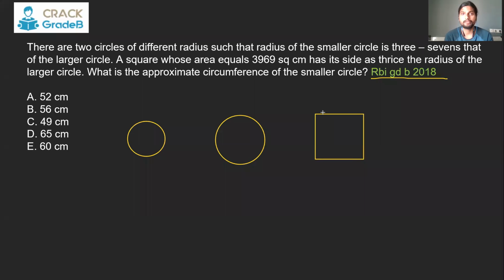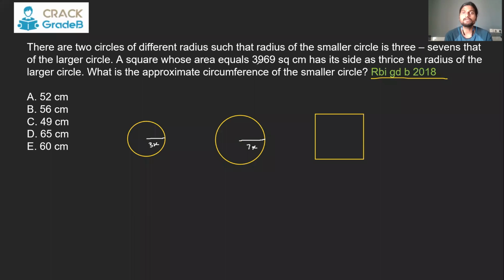Now it says there are 2 circles of different radius, such that the radius of the smaller circle is 3/7 of the larger circle. So if I say the larger circle has radius 7x, the smaller circle will have radius 3x because it is 3/7 of it.